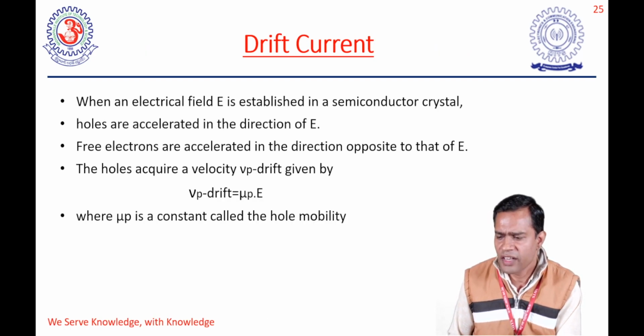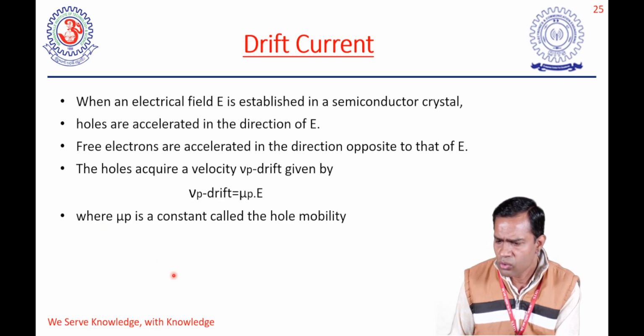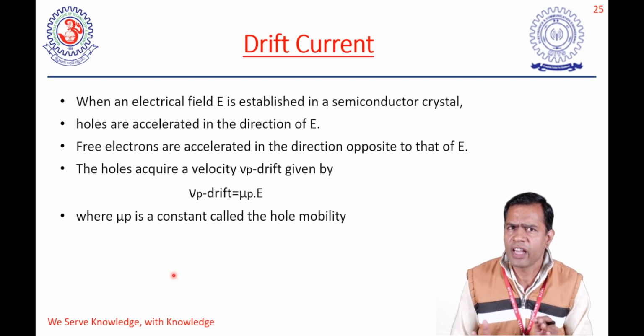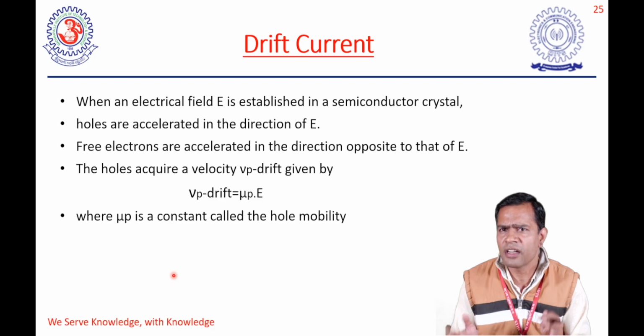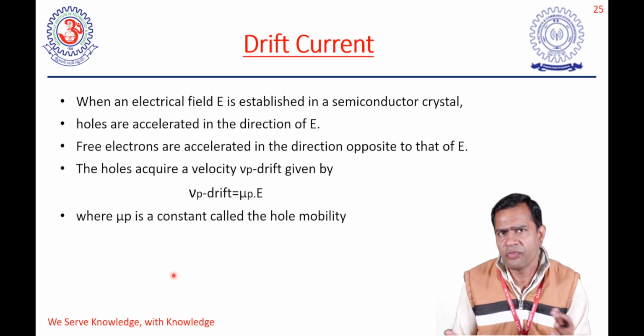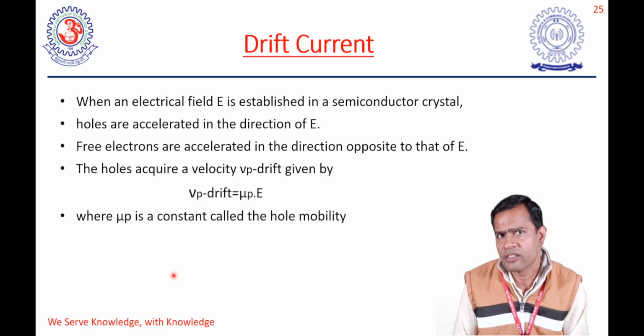So this one is the drift current. Here you can see when an electric field is established in the semiconductor crystal, then drift current can flow. So the electric field is the cause.